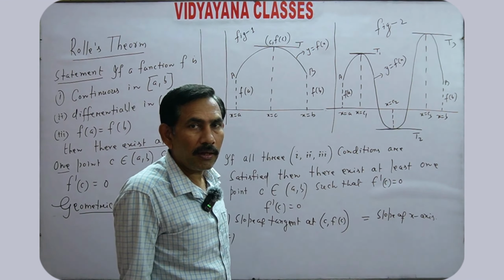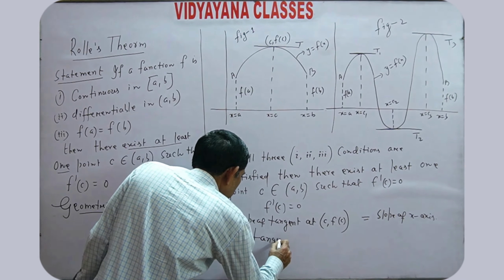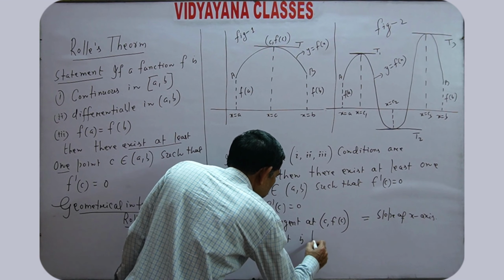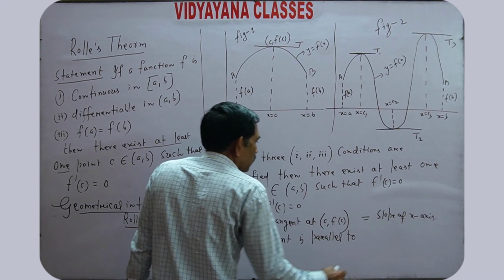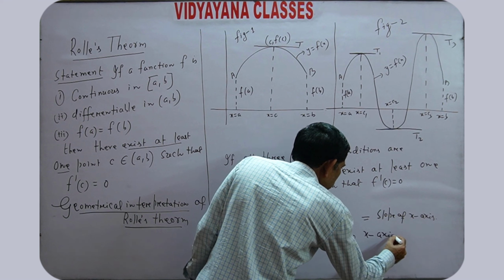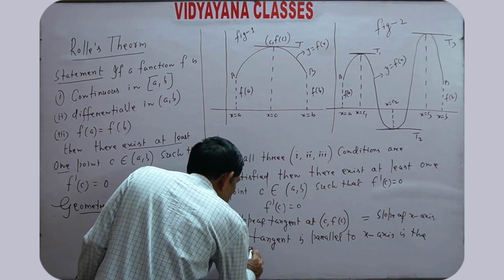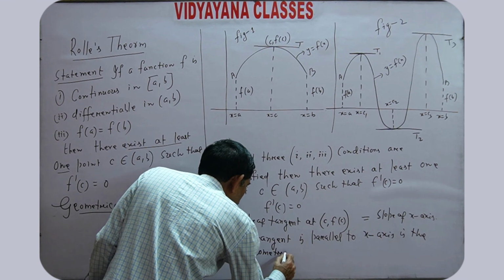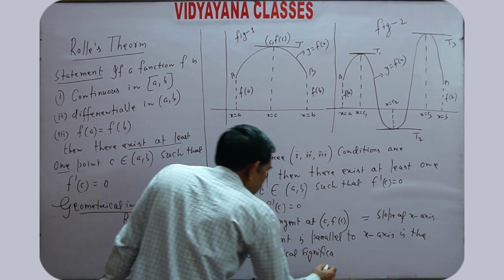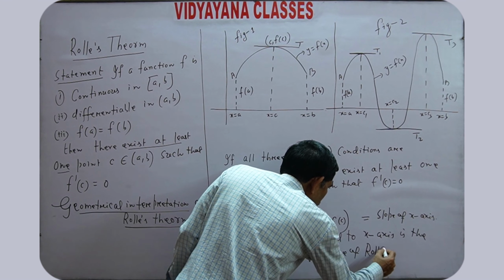That means tangent is parallel to x-axis. This is the geometrical significance of Rolle's theorem.